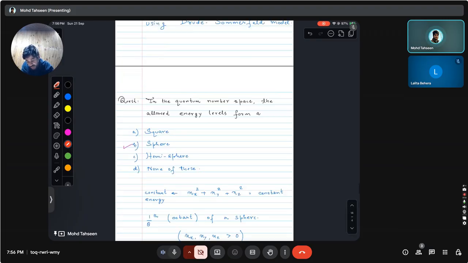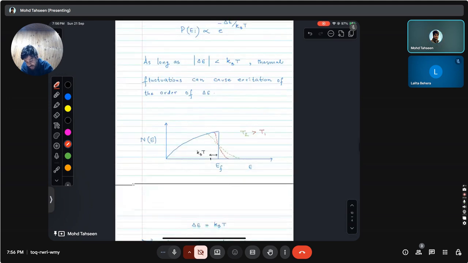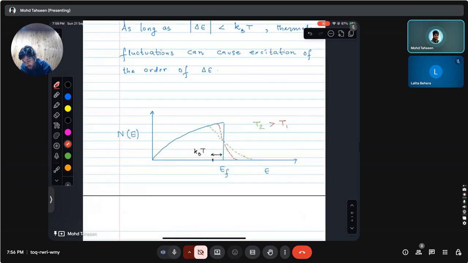So let's go back to this distribution and see what it means. Option A says that the energy levels within kBT of the Fermi energy take part in the energy transfer process, and option B says the energy states here take part.